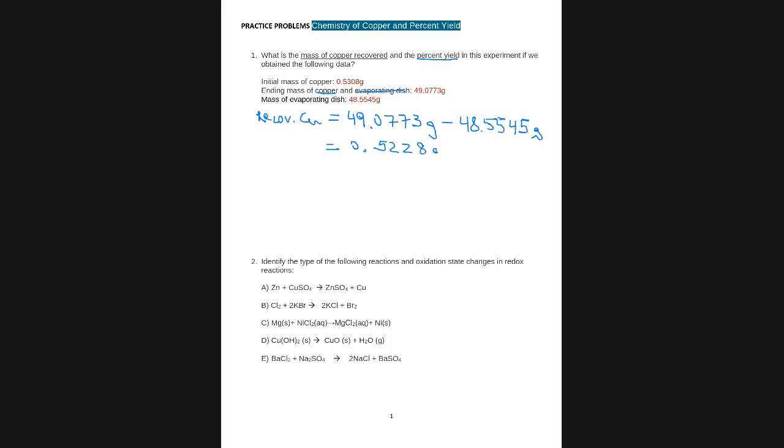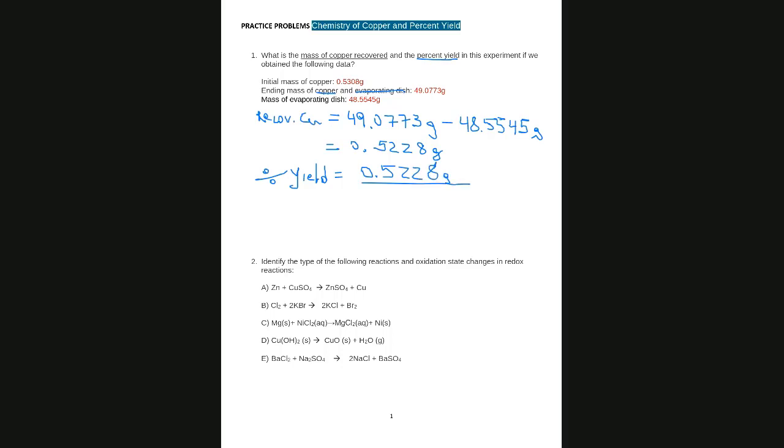And then the second question, it says the percent yield in this experiment. We use the same formula that they are giving us. So how are we calculating this? I have the mass recovered, and that goes in the numerator, 0.5228 grams, which is what I just calculated.